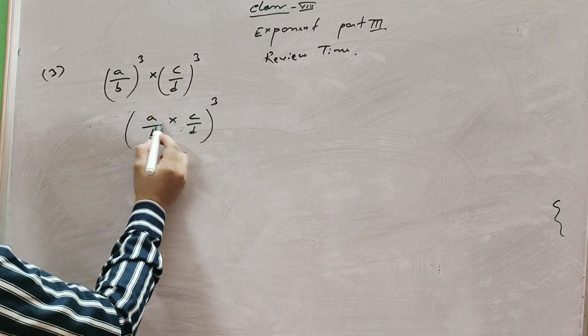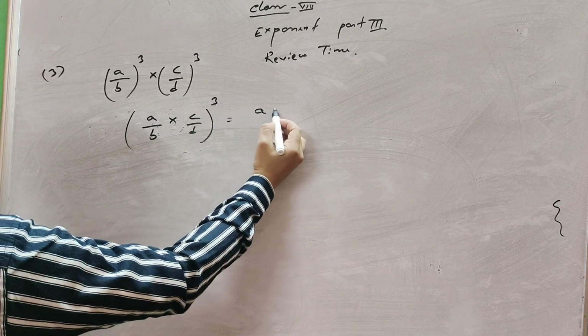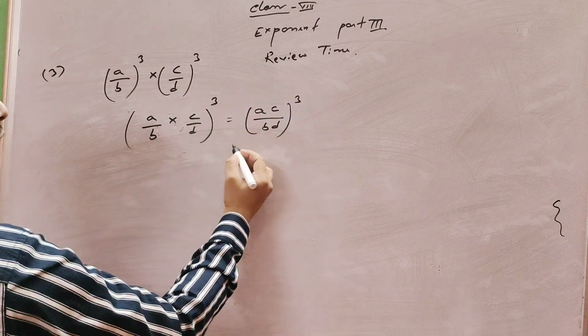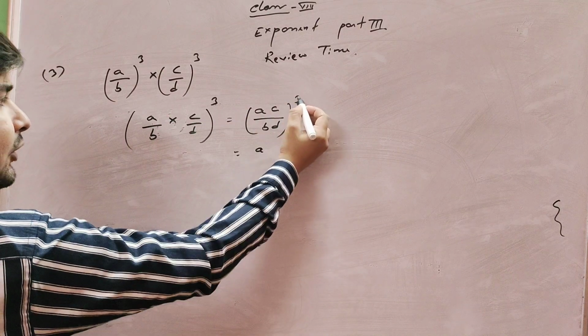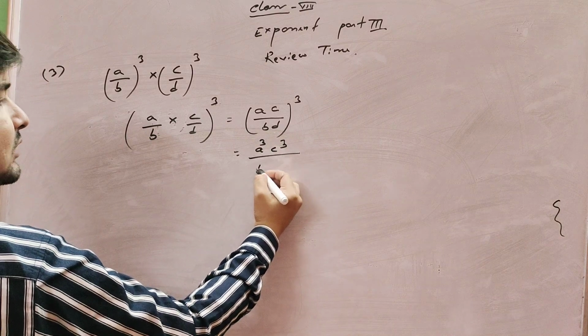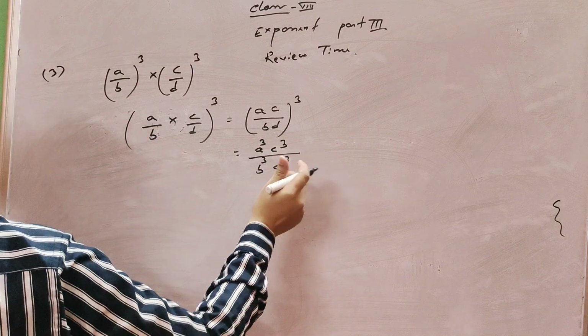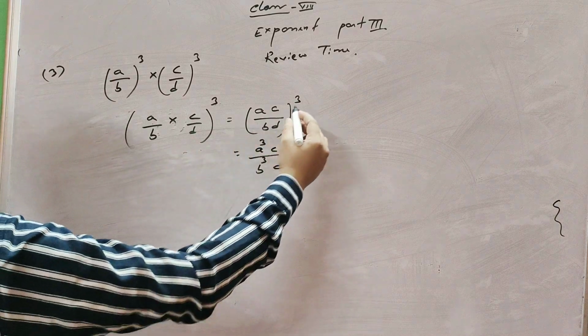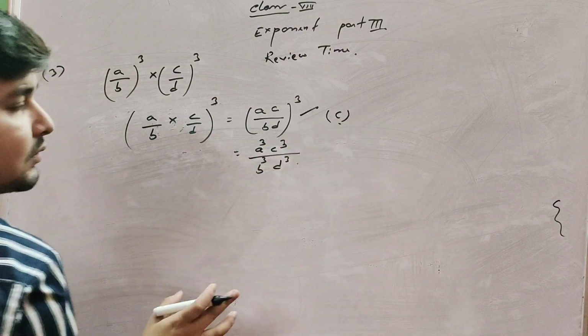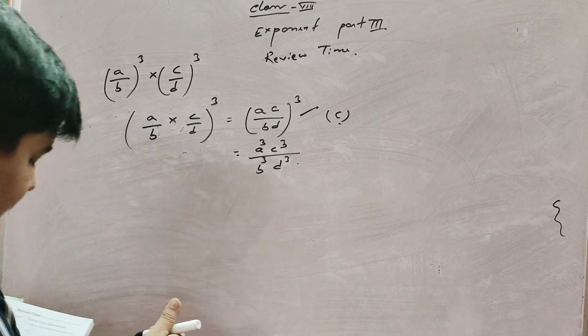Okay, when we multiply, what do we get? a into c is ac and b into d is bd to the power cube. When we open this bracket, cube for a and also for c, and here is also the same, this is also for b and also for d. So the answer is, if you write this, you see option number C is your answer. Okay, note.